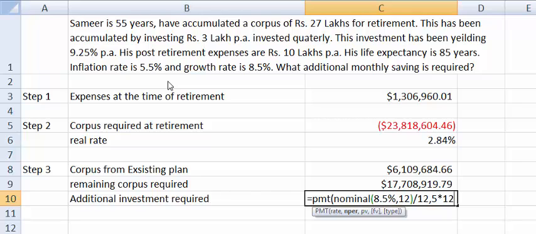So once again, rate divided by 12, NPER multiplied by 12. Present value, we don't have anything. Future value is where we need to reach, which is 1,77 lakhs, and type is 1.